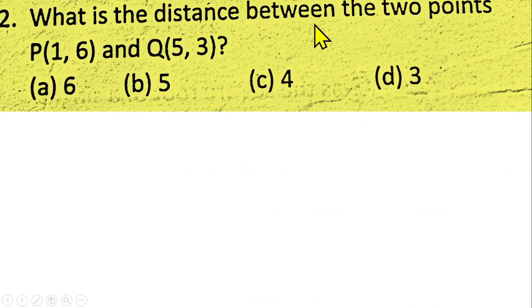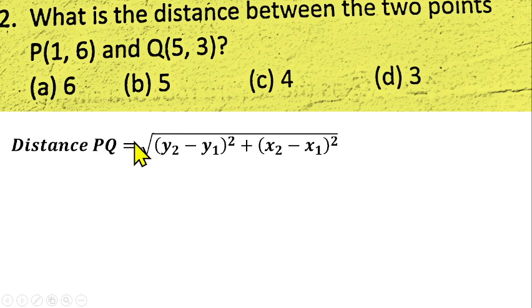Question number 2 is from coordinate geometry. What is the distance between the 2 points P and Q with these coordinates? The distance between 2 points is the square root of the change in y squared plus the change in x squared. From these two coordinates, we can get our y2, y1, x2 and x1. In this case, 3 is y2, 6 is y1, 5 is x2, and 1 is x1.